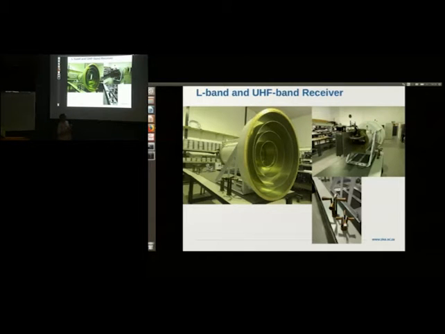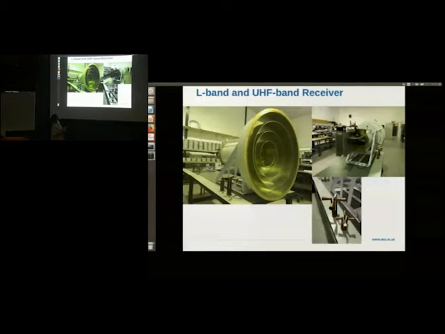If you add or remove some of these, you actually change the beam pattern of it. And the dipoles, which you can see in these pictures, actually sit right behind the feed. So this is the part that picks up the signal from space.